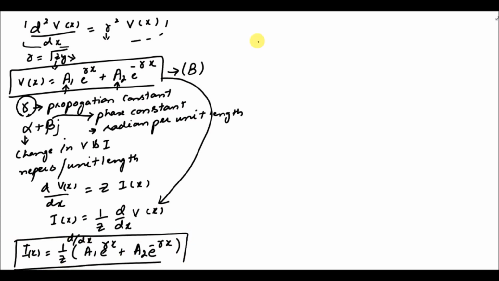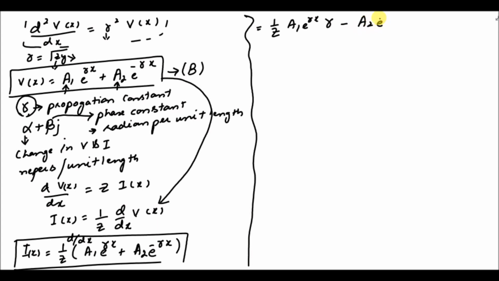So when we solve this equation, it will be 1 over Z times a1 e^(gamma x) into gamma minus a2 e^(minus gamma x) into gamma. So we have taken the derivative of the terms.